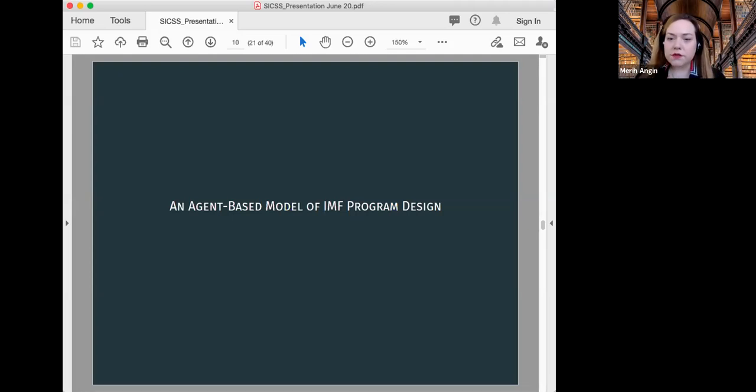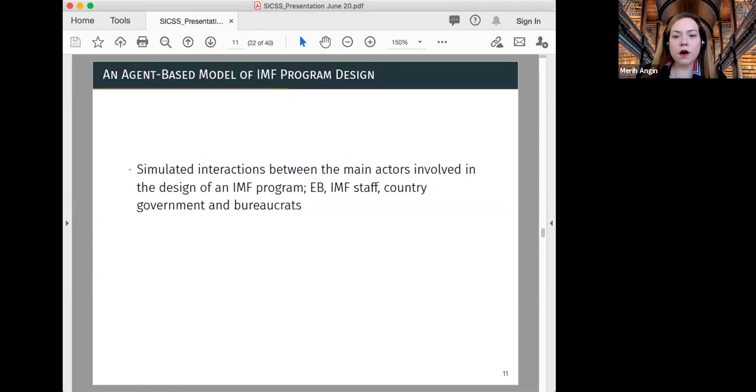And the process of running an agent-based model involves the instantiation of an agent population, followed by the monitoring of the interactions between the agents. So I utilize agent-based modeling to simulate the interactions between the main actors involved in the design, once again, of an IMF program under various economic and political conditions.